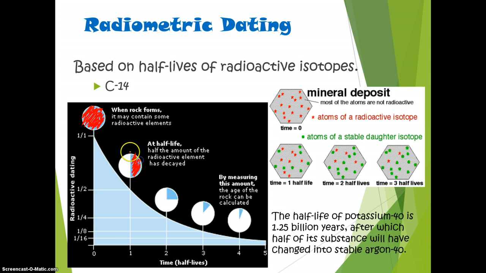Okay, because an isotope is unstable and it's going to try to break down into a more stable isotope or break down into the atom that's not the isotope. Okay, it's unstable, it's going to break down.